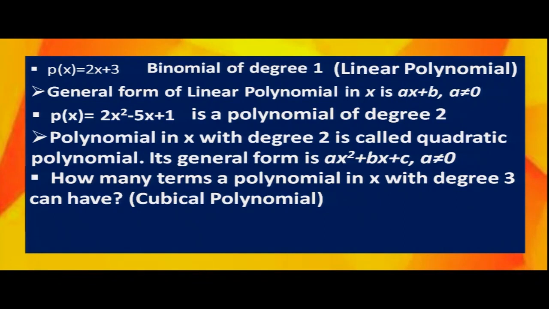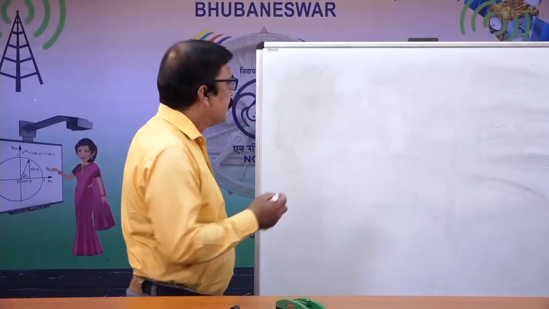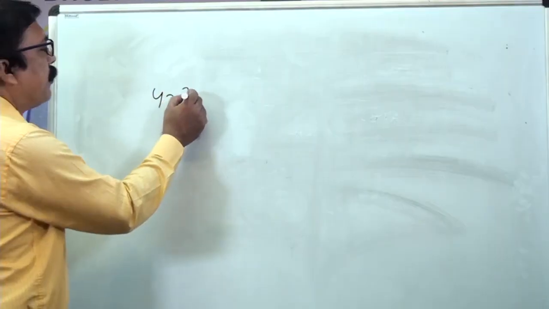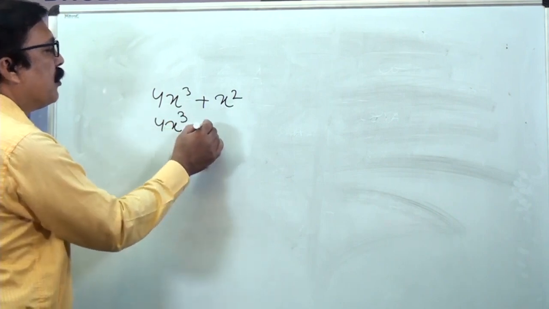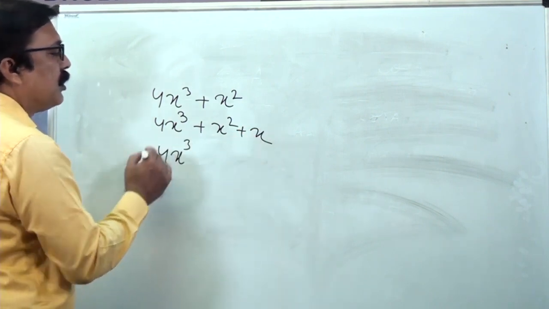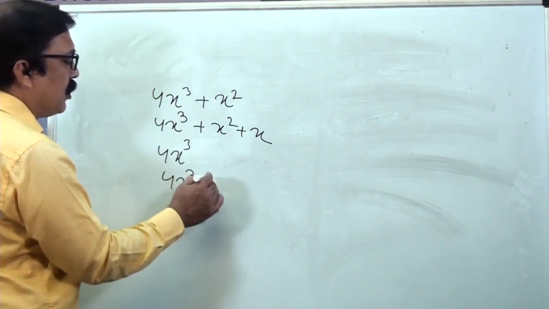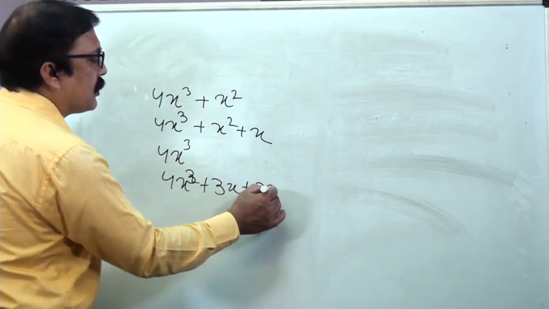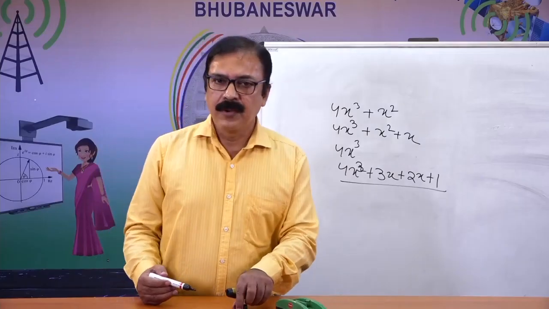In this case, the number of terms is between 1 and 4. For example, 4x^3 + x^2 is cubic, 4x^3 + x^2 + x is cubic, only 4x^3 is a cubic polynomial, and 4x^3 + 3x^2 + 2x + 1 is also a cubic polynomial.